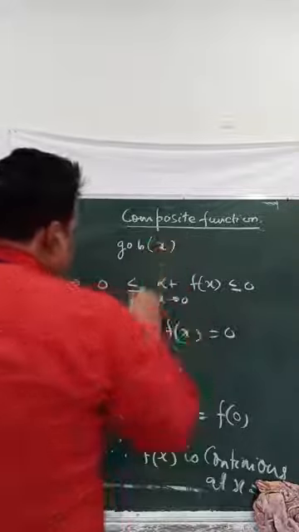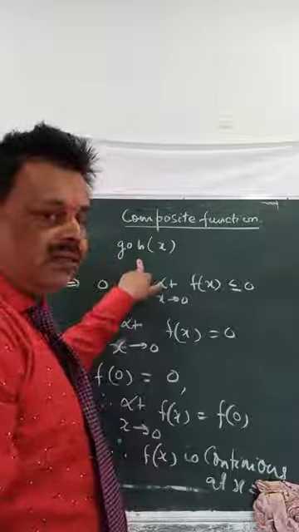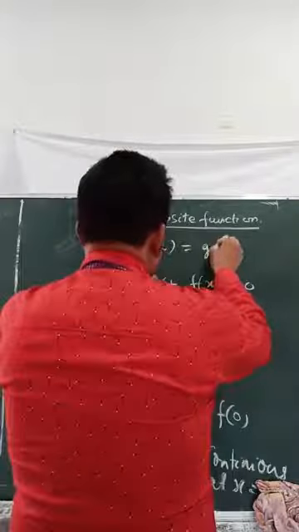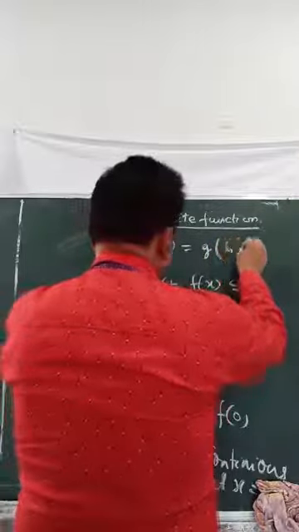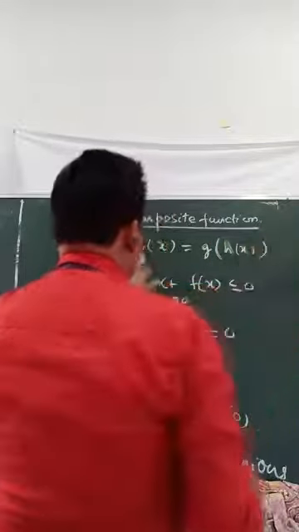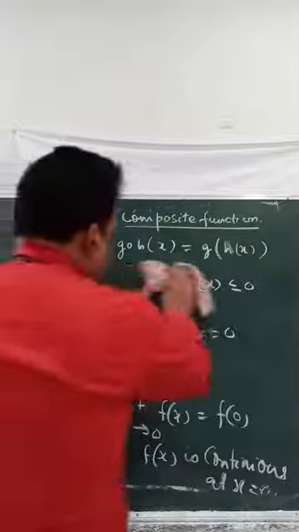This we have studied in relation and function. So when I go back to that chapter again, I'll discuss in detail. It is the same as g of h(x). Suppose you get a question, what does it mean? Try to see.